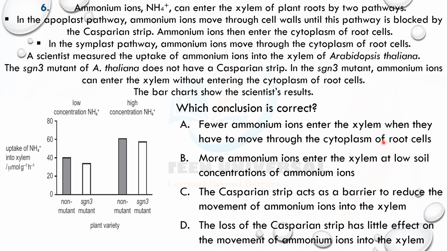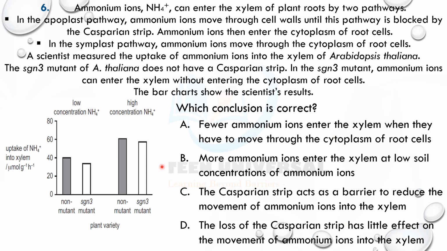Okay, so this is not a conclusion shown here. Why? Because they're telling us that fewer enter. Now look at these ones here. This is the non-mutant. So this one has Casparian strip, all right? And it's telling us that fewer will enter when they have to move through.